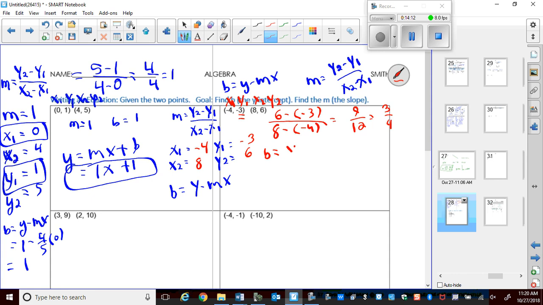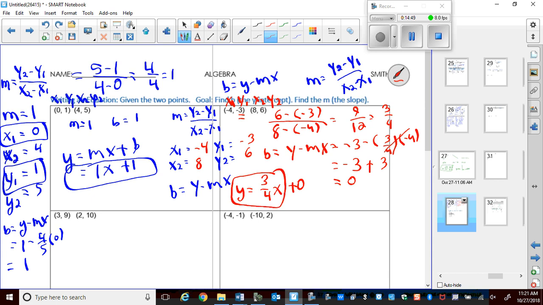My b equals y minus mx, or -3 minus 3 over 4 times -4, which equals -3 plus 3 equals 0. My y-intercept is 0. So I write the equation y equals 3 over 4 x plus 0, or just 3 over 4 times x.